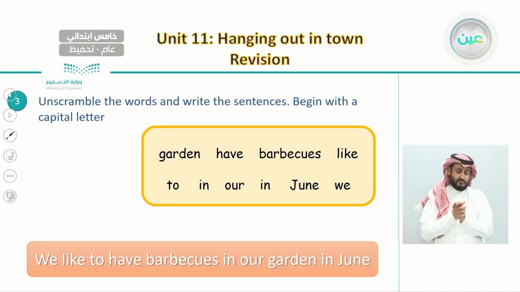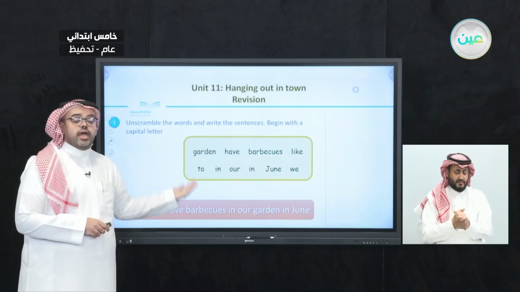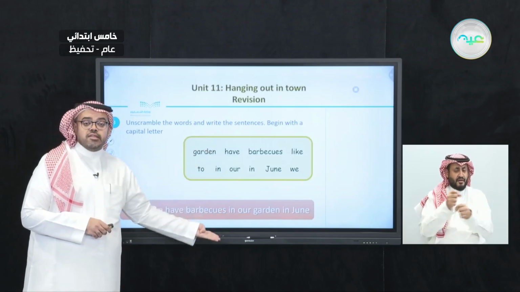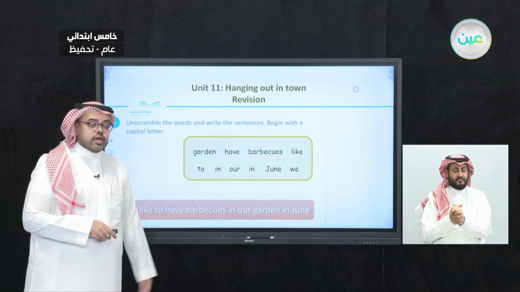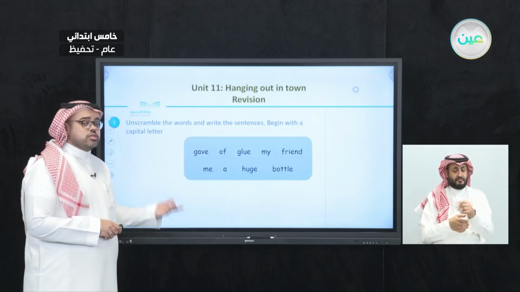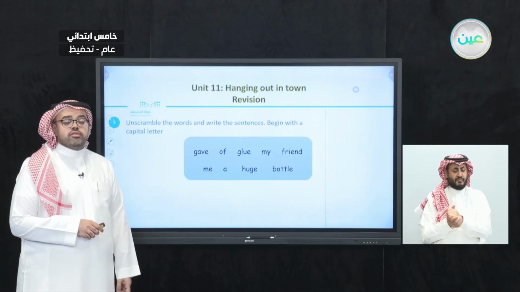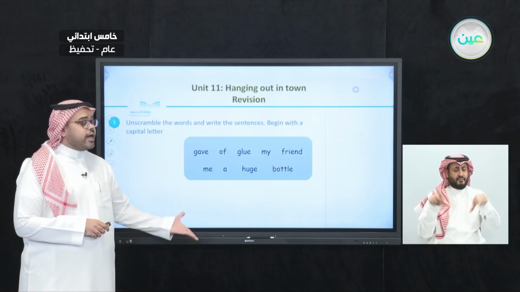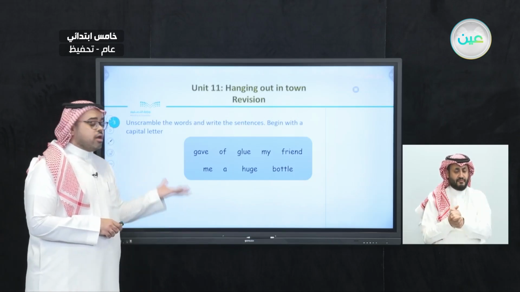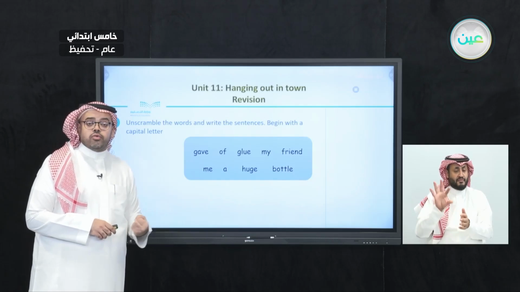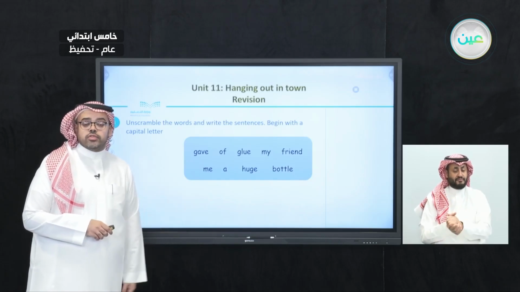So here we did unscramble these words and formed a sentence. Also, we did it with the other example in this blue box, where we had more than 9 words, and we formed a sentence out of these words.